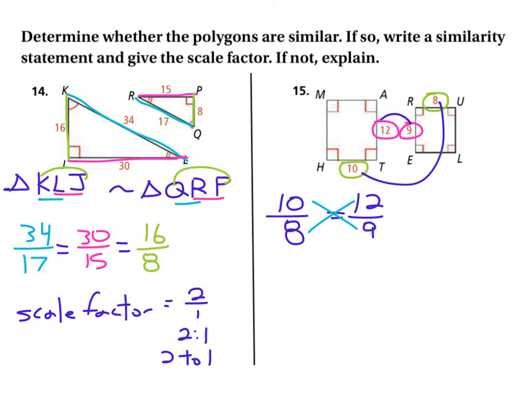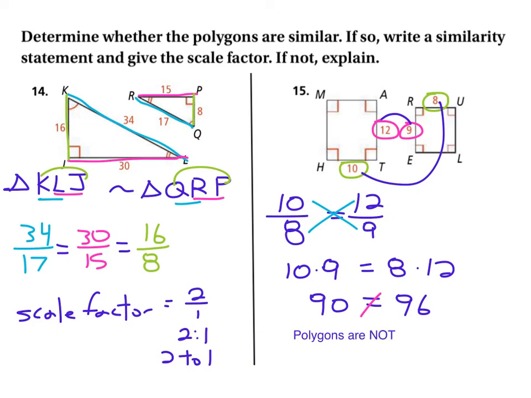We can use the cross products property, where we multiply the diagonals. 10 times 9 is equal to 8 times 12. Now we actually have to check it. 10 times 9 is 90, equals 8 times 12, which is 96. And those are not equal. Since they're not equal, we can just stop there. We can state that the polygons are not similar.